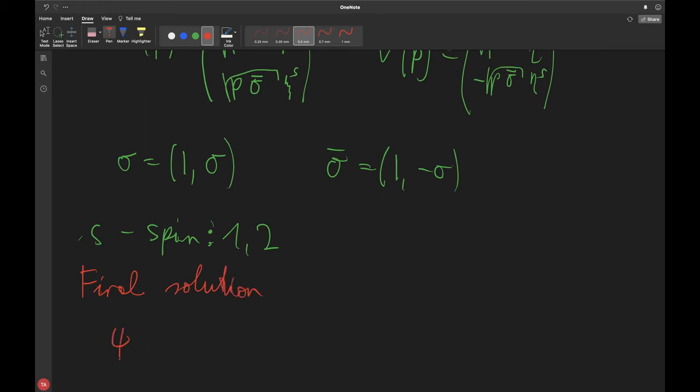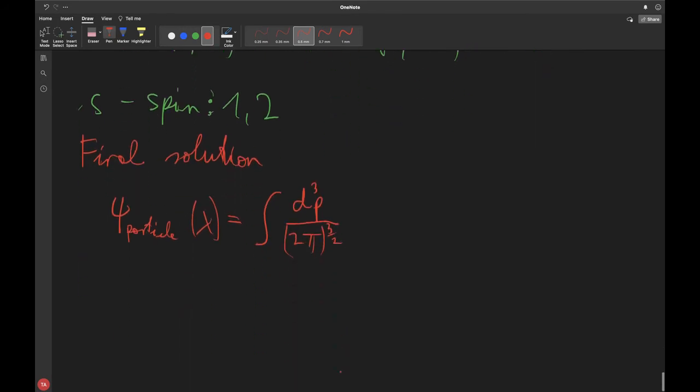the psi wave function, or the field for a particle that is a Dirac particle at an x spacetime, is the same as the integral of d^3p over (2π)^(3/2), times (1/(2E_p))^(1/2).